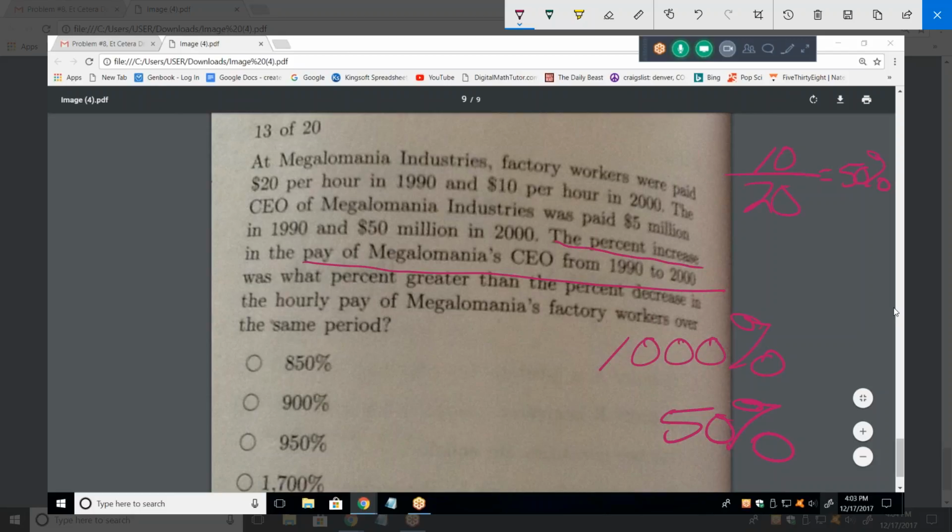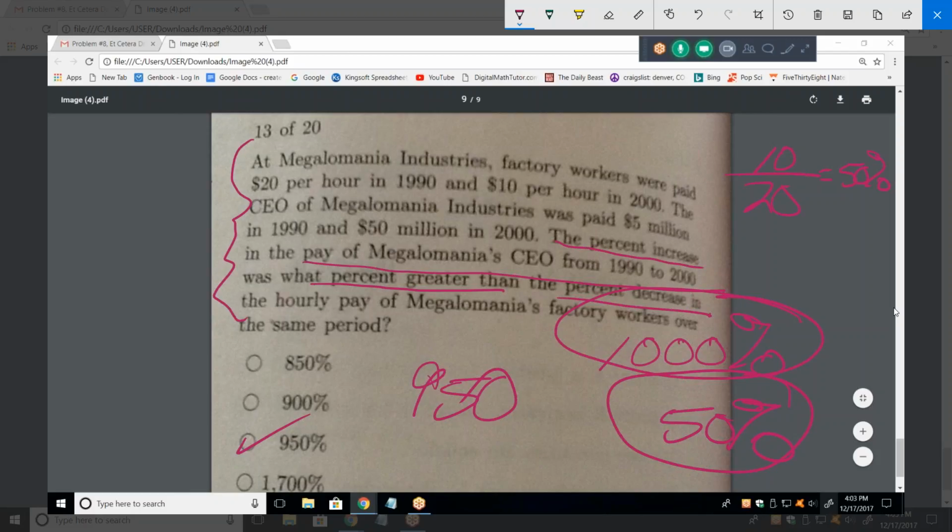It's what percent greater than the percent decrease. Well, I would compare 1,000 to 50 and come up with 950. Oh, okay. That wasn't so bad. No. That's frequently the case. When you have a problem that's got that much wordage in it, it's usually not as tough as you think. That's almost key that it's an easy problem as opposed to a tough problem.